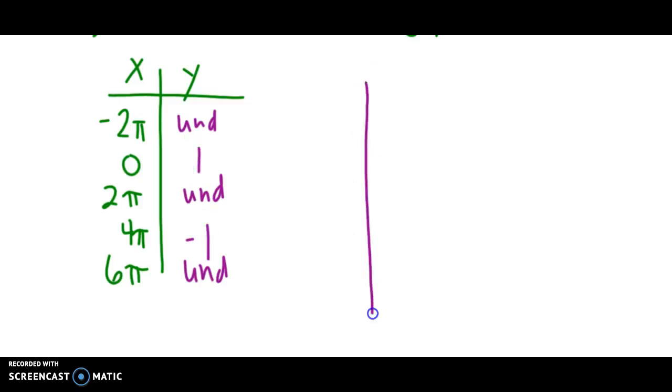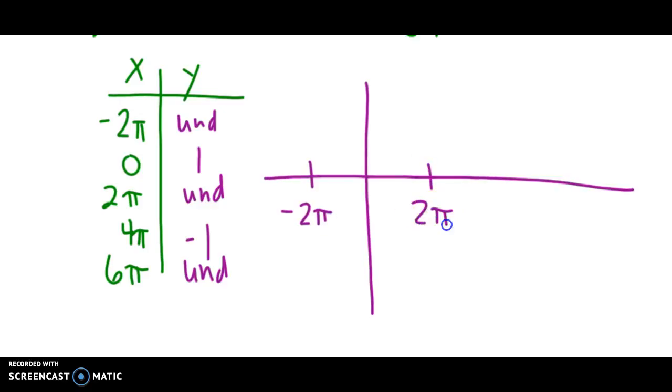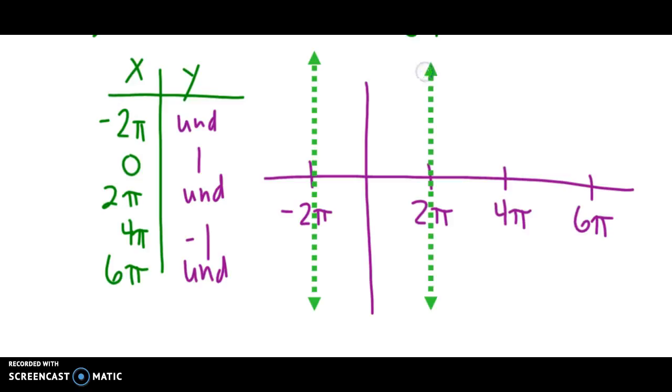So if I'm going to sketch my graph, here's negative 2 pi, 0, 2 pi, 4 pi, and 6 pi. My vertical asymptotes occur at negative 2 pi, 2 pi, and 6 pi.